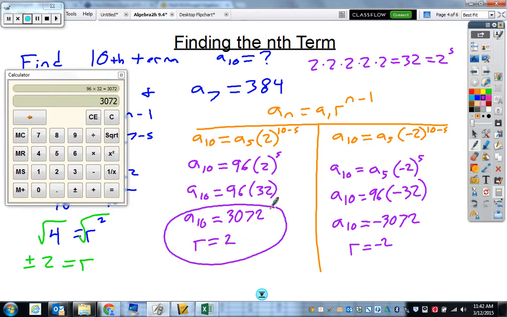Okay, so some of these you're going to get two different possible answers. We don't have enough information to determine whether r is positive or negative. We have two terms, so that's why we have two different answers there. Okay.